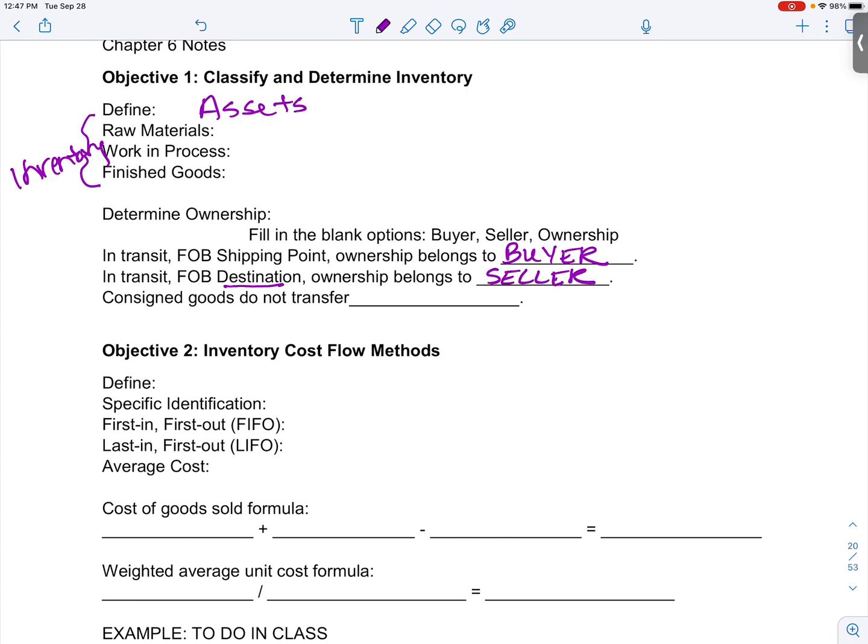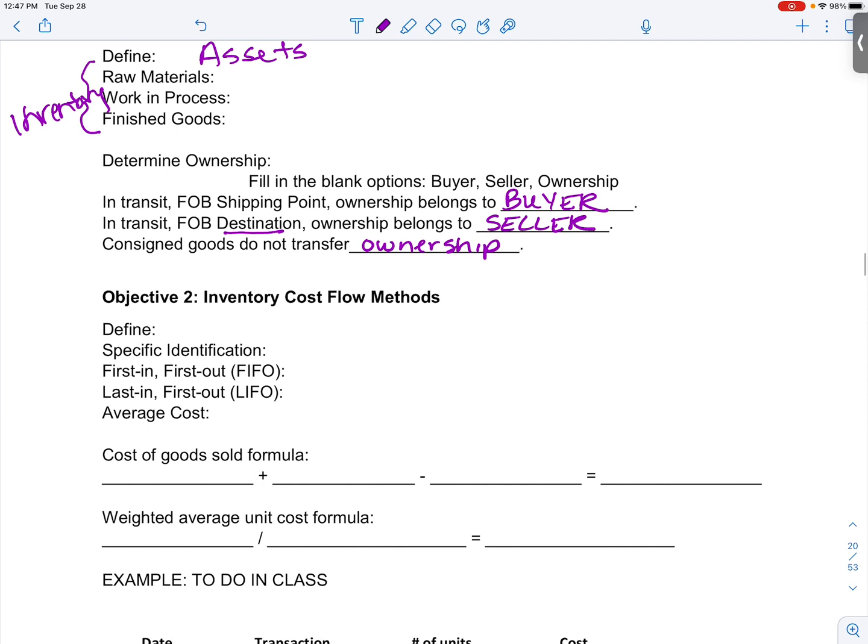And we talk about goods on consignment. These are goods that you ask somebody else to sell for you. No matter where those goods are sitting, the consigned goods do not transfer ownership. So whoever's goods those are, no matter what location, that's who's going to account for that inventory.